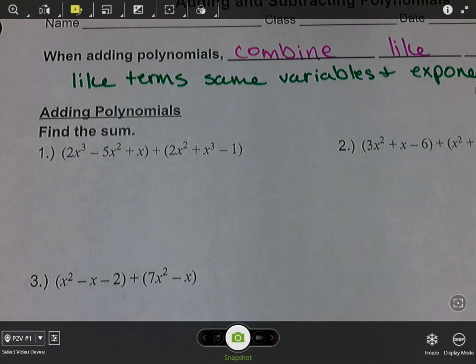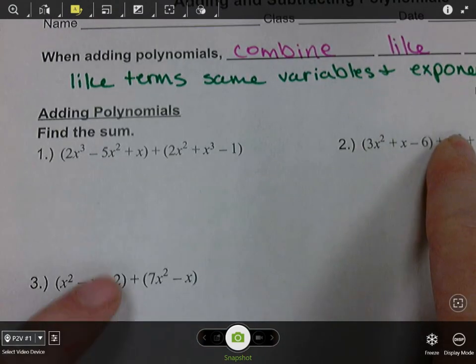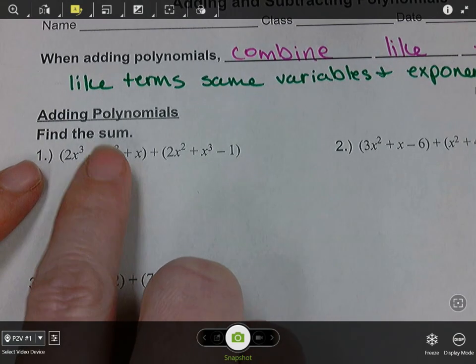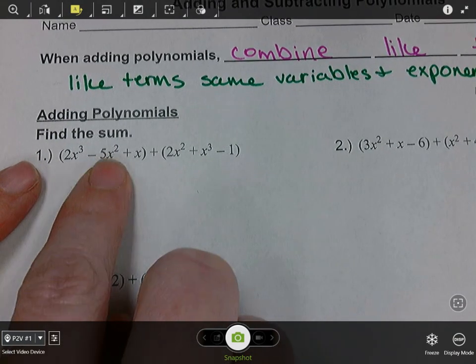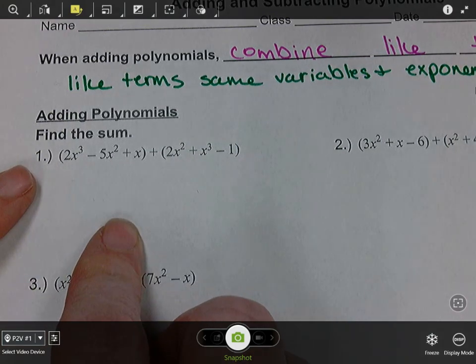There's a couple different ways you can go about doing this. I'll show you one method here and then another method there, and then you can tell me which method to use on number 3. All right, so the first method I'm going to use is to align these two polynomials vertically, just like we used to do in elementary school.